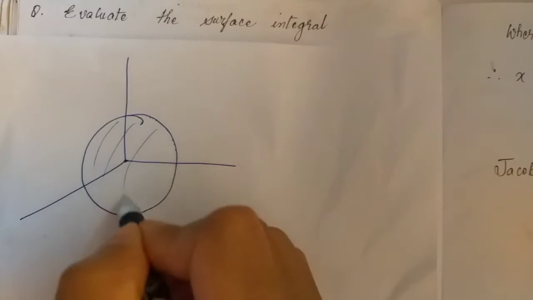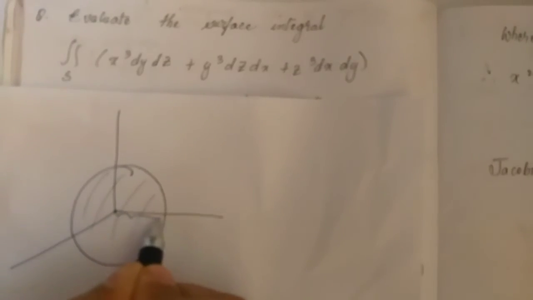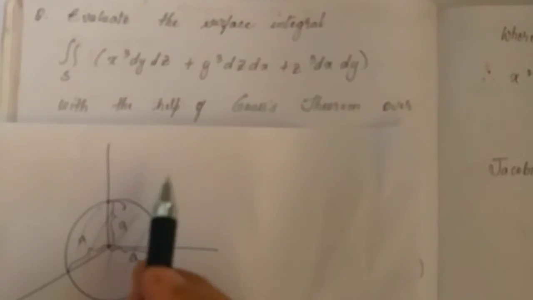And the radius of this sphere is a. Similarly, from here to here is a. What is S?